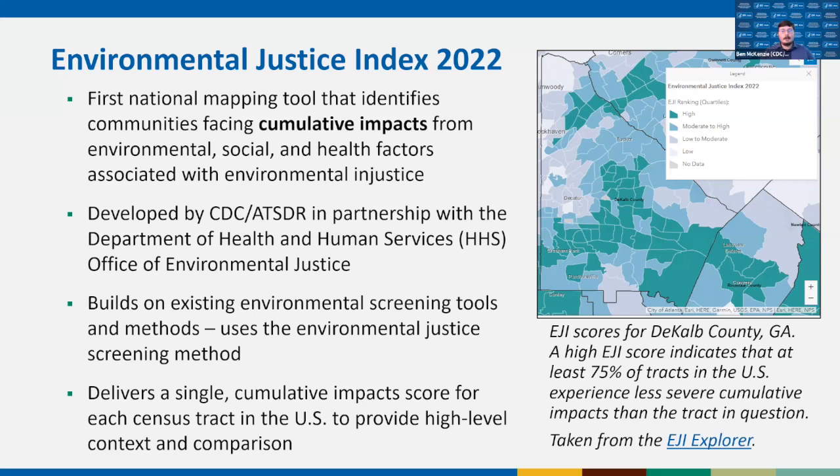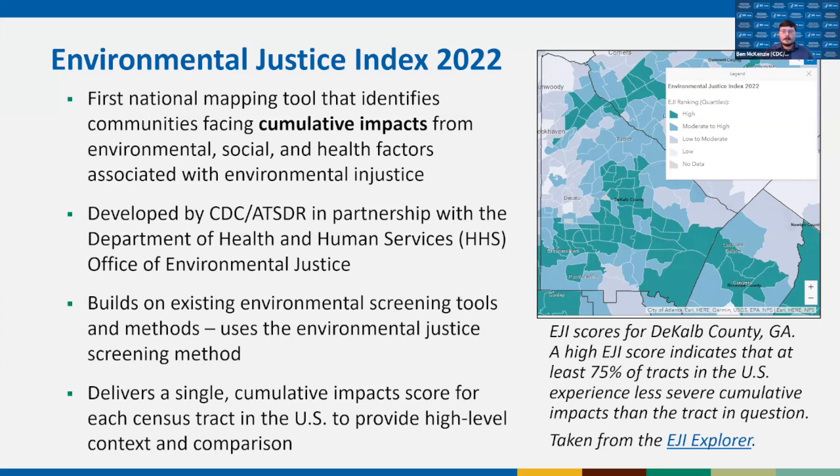The EJI provides a single score that distills data on environmental, social, and health factors into an understandable measure that can be used for context and comparison when thinking about how to address injustice and promote health.